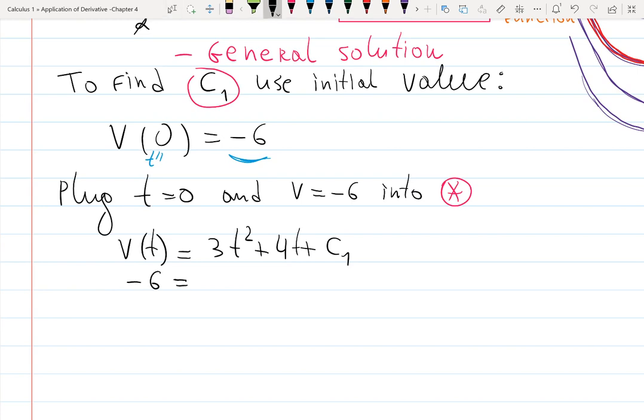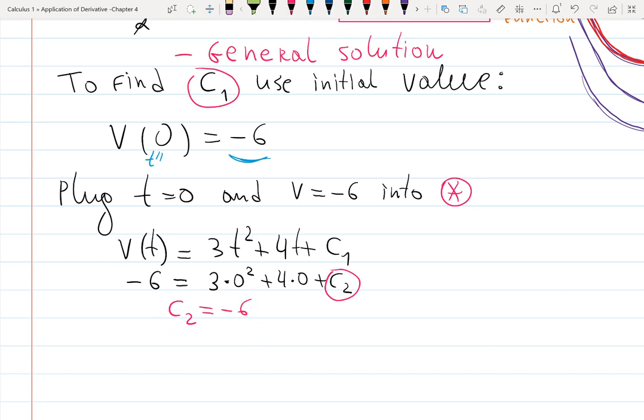That's the output. And then I'm plugging 0 everywhere I see t. Right? And now I can calculate, or basically solve for c2. 0 plus 0 plus C2 is negative 6. So C2 is negative 6.